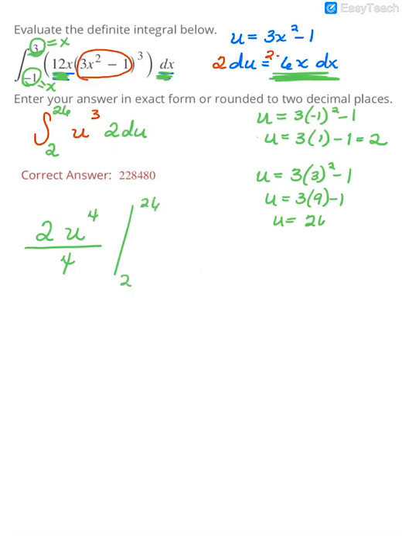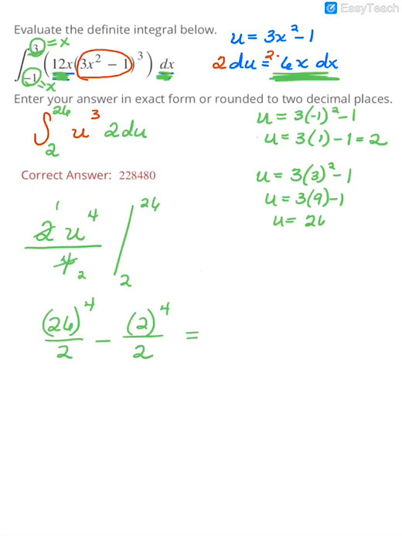Now, if you want to go ahead and reduce this first, the 2 over 4 would just become 1 over 2. And then as we plug in, we're going to plug in the 26 first. You're going to get 26 to the 4th power divided by 2. And then we have minus 2 to the 4th power divided by 2.